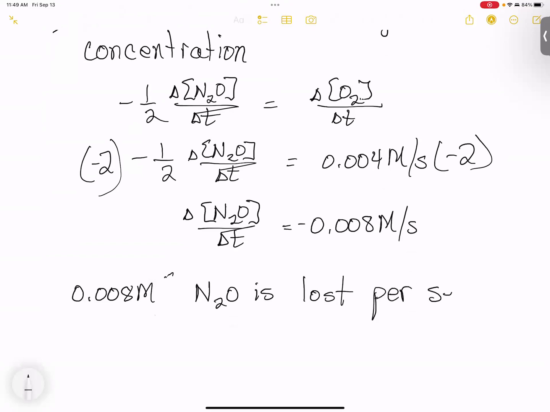That's what that means. So it comes out as a negative numerical value, but it does not mean negative concentration. It just means that's how much is lost per second.